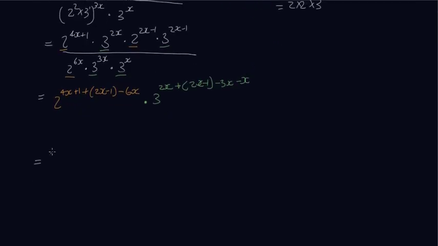So it's going to be 2 to the 4x plus 1 plus 2x, so at least it's not negative then. You multiply, and minus 1 minus 6x times 3 to the 2x plus 1. Plus, so positive, so we multiply.